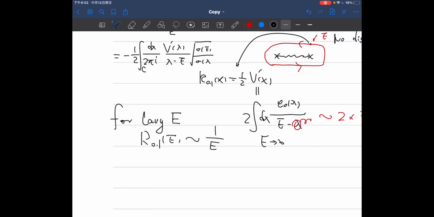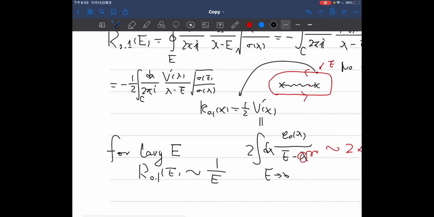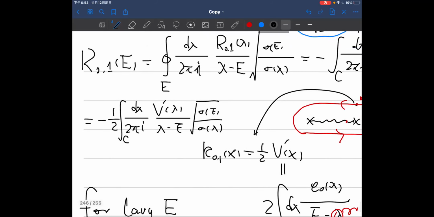Okay, then we take the limit, for large E we just expand the integral. How to do it? Let me see. Maybe it's not so hard. We can just calculate it. Maybe it's a little hard. Let's have a try. Sigma E is defined as A minus A plus and A minus A minus.